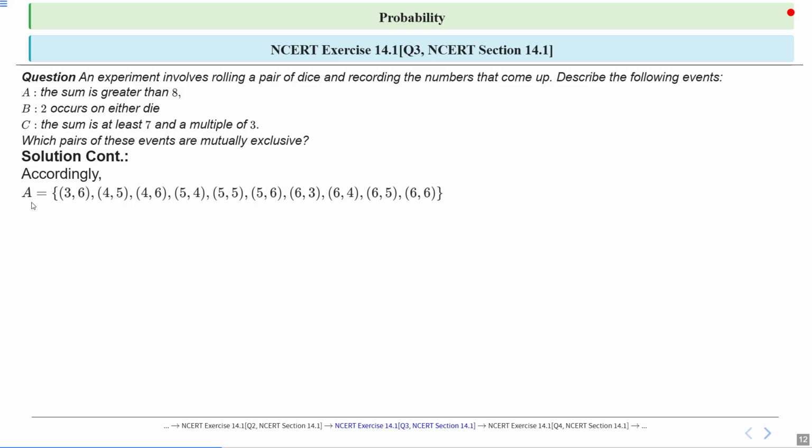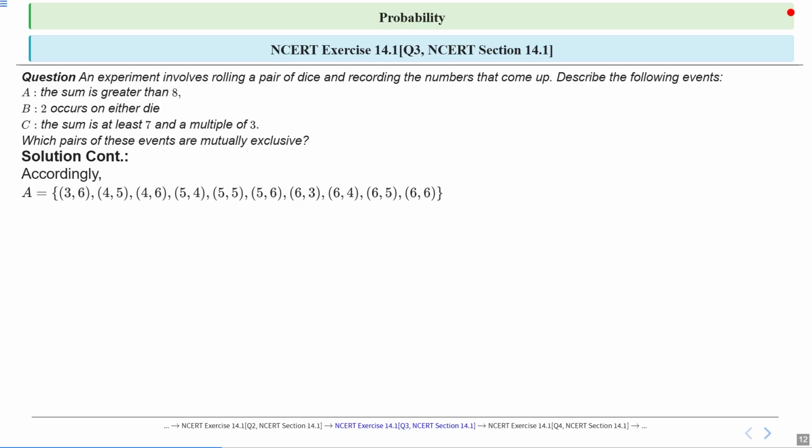Event A contains all those ordered pairs where the sum of the numbers is greater than 8. So you can easily write event A like this: (3,6), (4,5), (4,6), (5,4), (5,5), (5,6), (6,3), (6,4), (6,5) and (6,6).